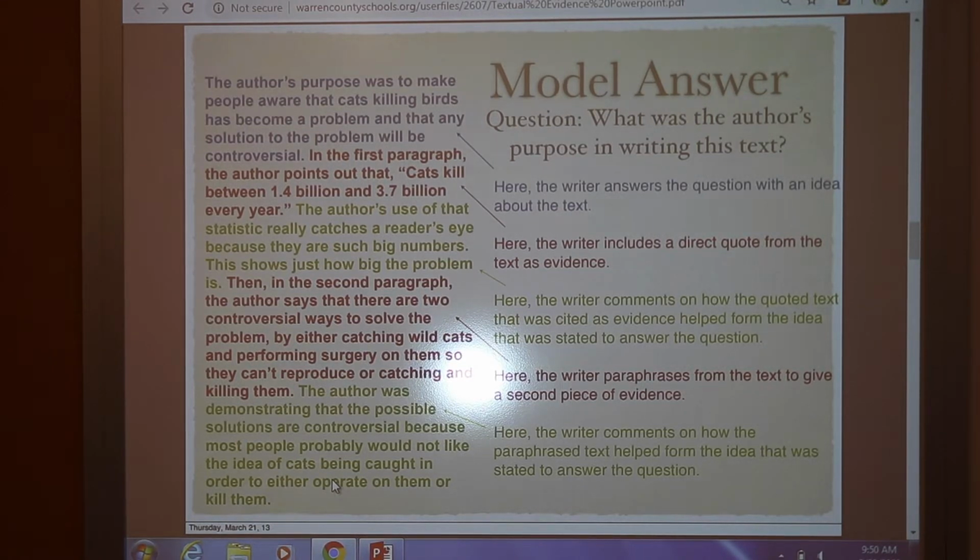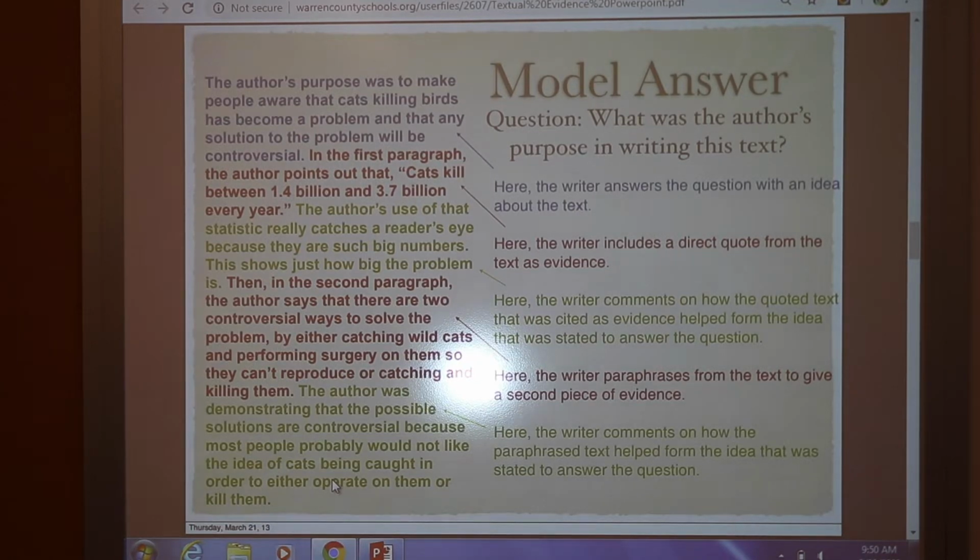As you can see, here the writer answers the question with the idea about the text. The second part, here the writer includes a direct quote from the text as evidence. In the green, the author's use of that statistic really catches the reader's eye because they are such a big number. This shows just how big the problem is.